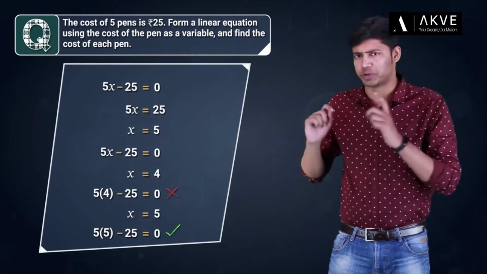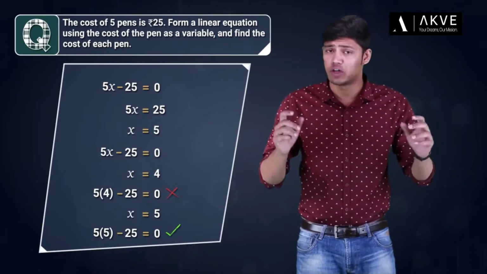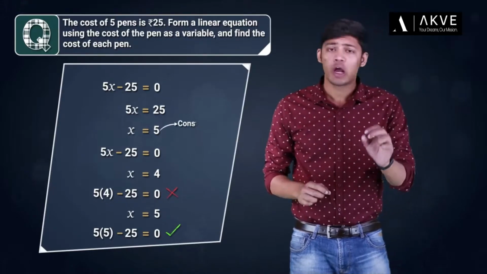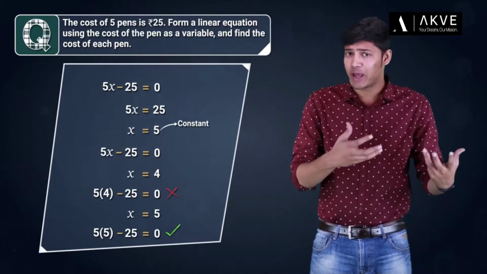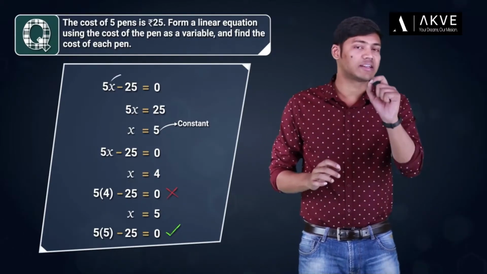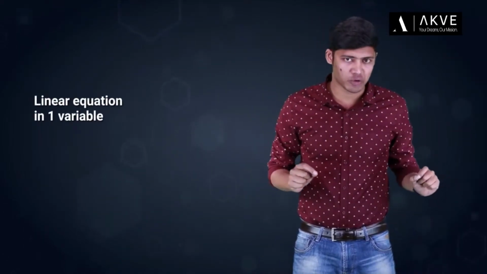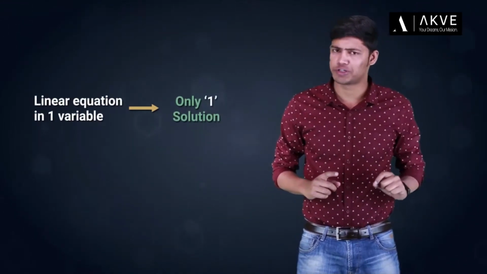So let's conclude this. The solution to the equation 5x minus 25 equal to 0 is 5, which is a constant. Whereas in the equation 5x minus 25 equal to 0, x is a variable. So we can conclude that for a linear equation in one variable, there will be only one solution.